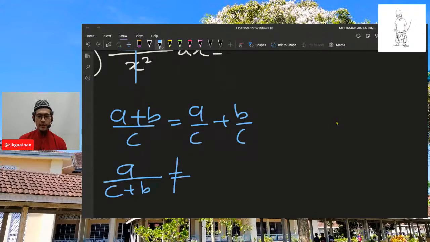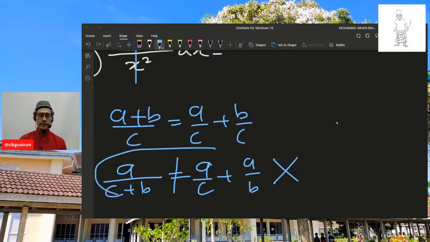It's not. I raise my voice for you to remember. It is not equal to A over C plus A over B. Wrong. This is outrageous. Don't do this one.